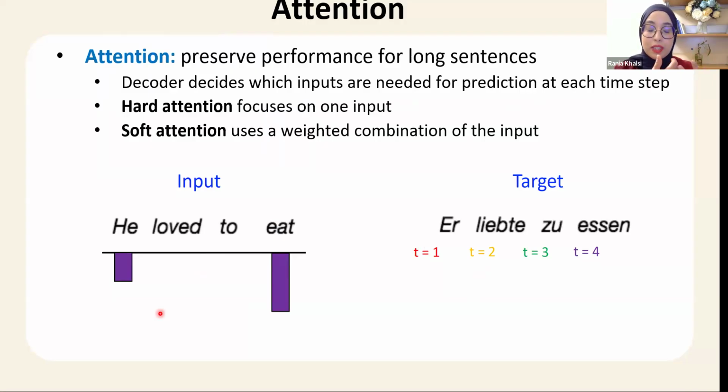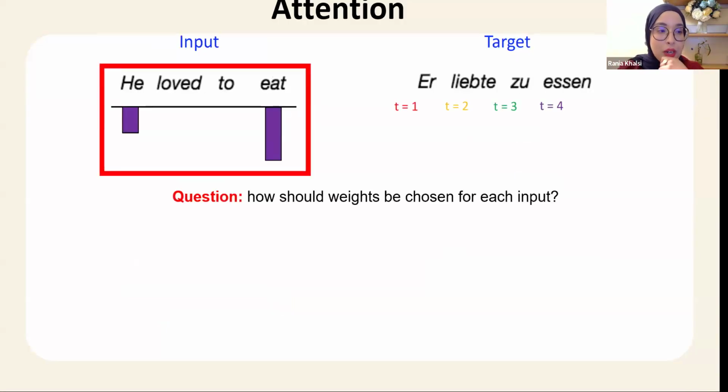It introduces flexibility by allowing the model to focus more strongly on specific parts of the input at each time step, rather than relying on a single fixed summary, like in hard attention. And so now this is the distribution.